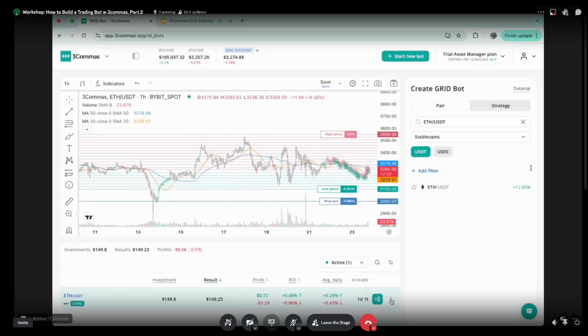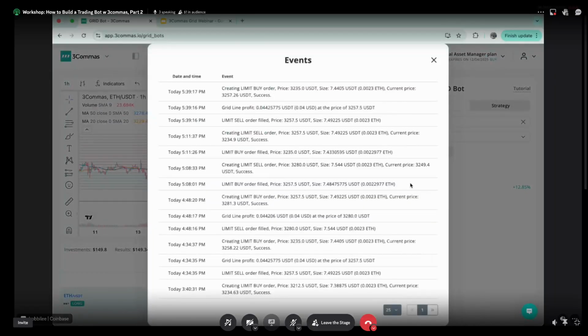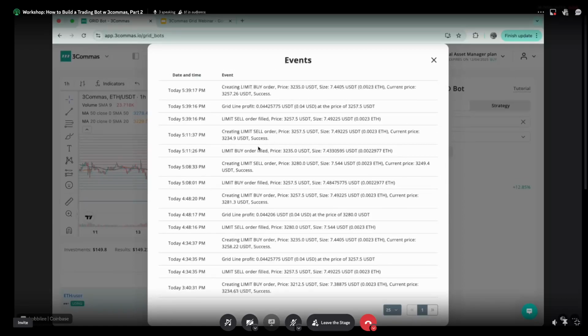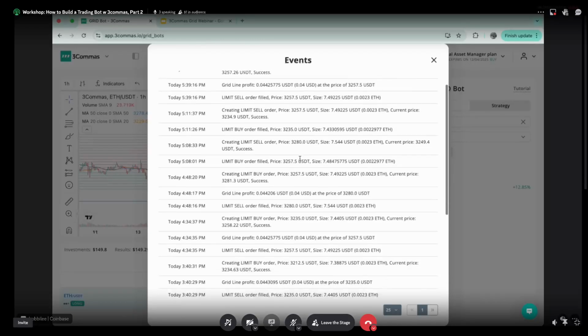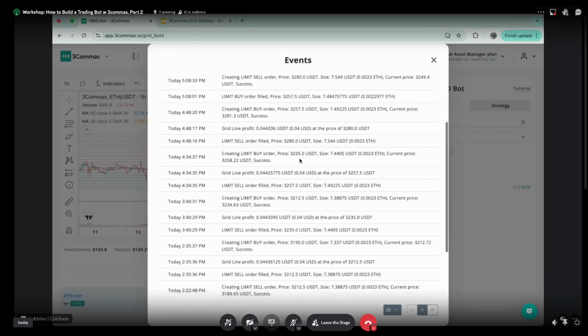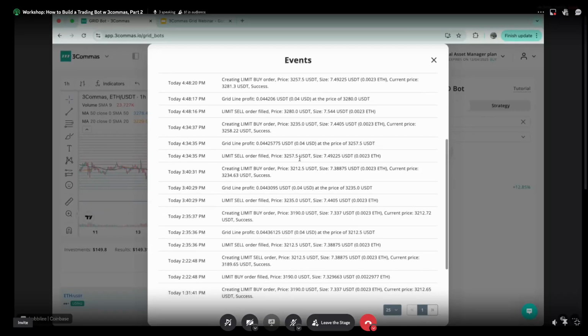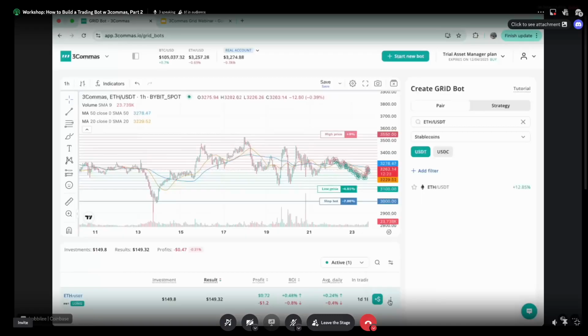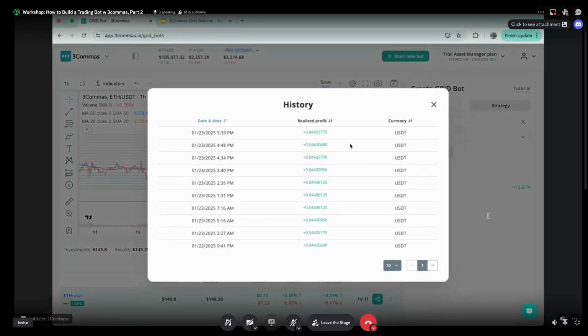You can definitely do it from the exchange, but we also allow you to see it here. So these are the logs where you can see with a timestamp every order filled, every order placed with a price level, with whether it was successful or not. And you can also see here the realized profits.